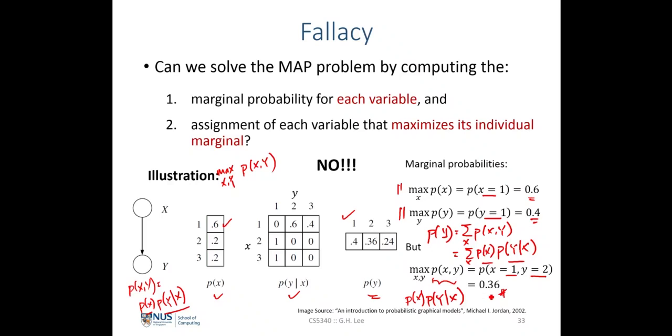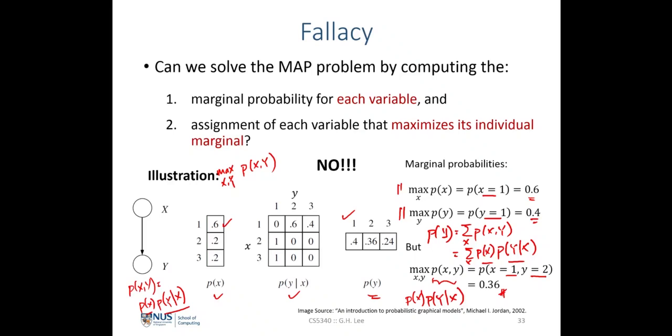Similarly, the maximal value of the joint probability distribution is different from the maximal value over the marginal probabilities. So what this means is that we cannot compute the marginal probability for each random variable and use that to find the maximal a posteriori of the joint distribution.